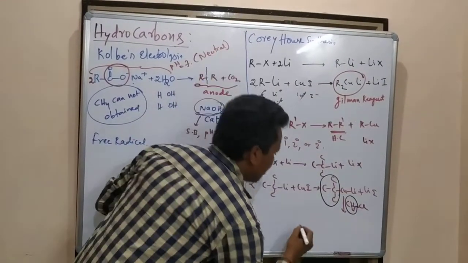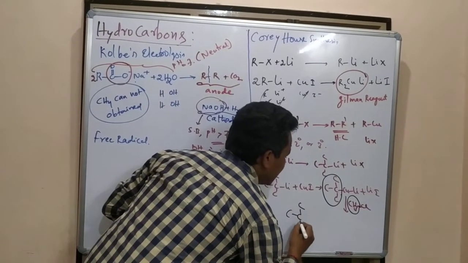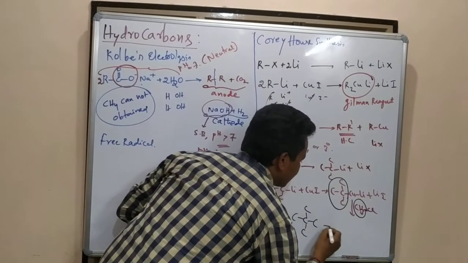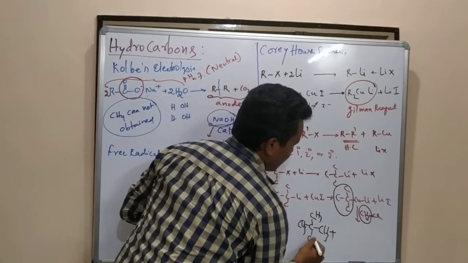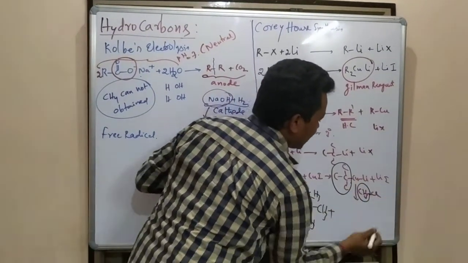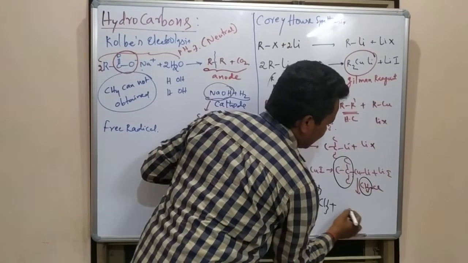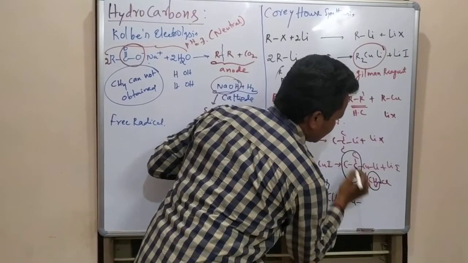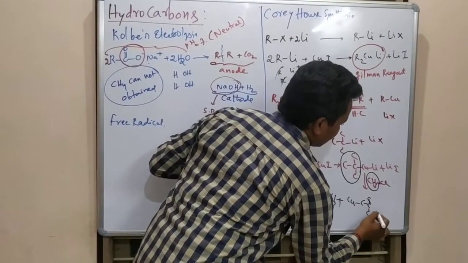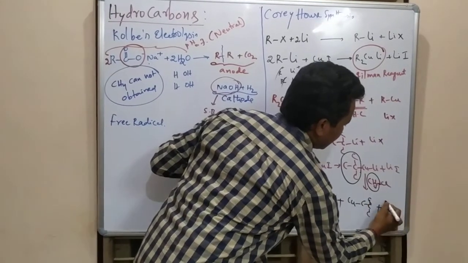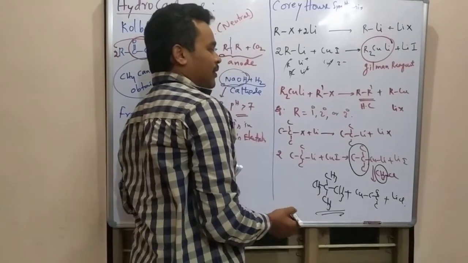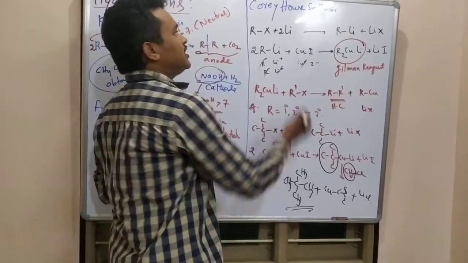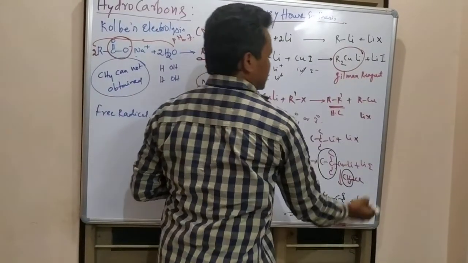What is my product now? Like this, you have to write the product. This is not my product. This is my final product, and the remaining I don't want. Cu, other alkyl group plus LiCl. This is my required product, which is important for me in this Corey House synthesis.